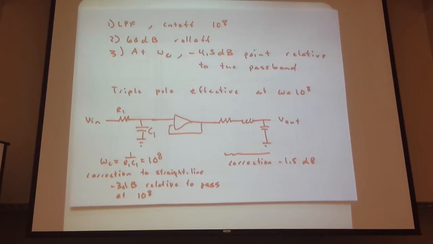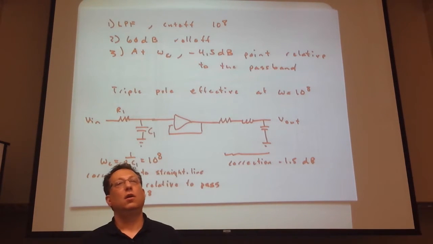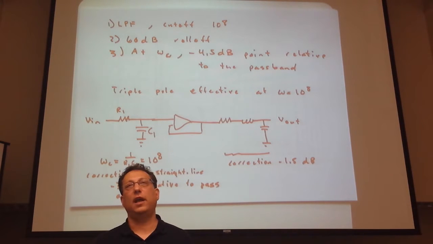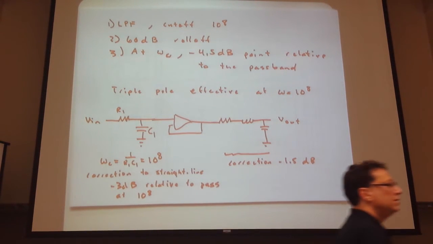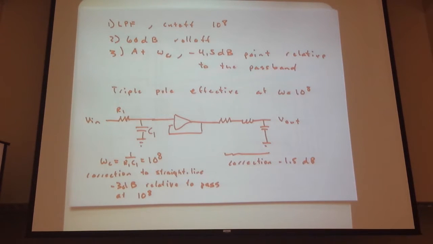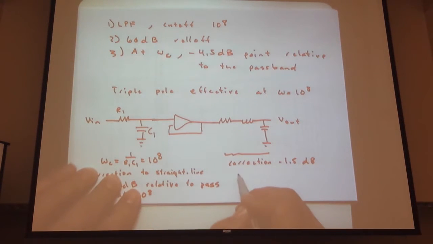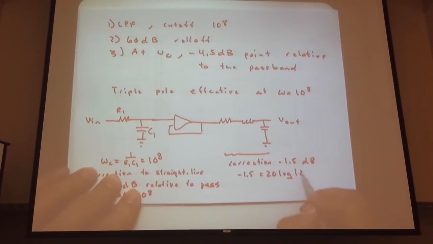Well, without doing the math, is the damping ratio greater than 1/2 or less than 1/2? So this winds up being minus 1.5 equals 20 log of 1 over 2 times the damping ratio.